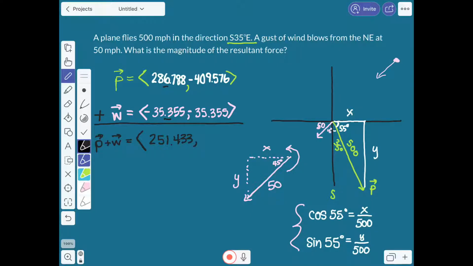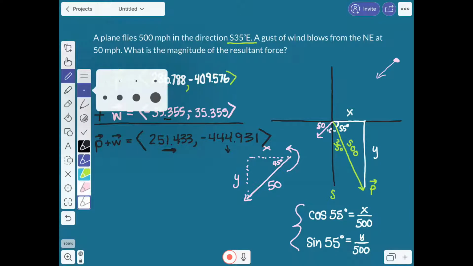And then I've got the negative 409 plus the negative 35 for a total of negative 444.931. That is the resultant vector. And what that tells me is that our plane is still going positive, so to the east and to the south. So it's still going somewhere towards the southeast, but at a different angle, right?